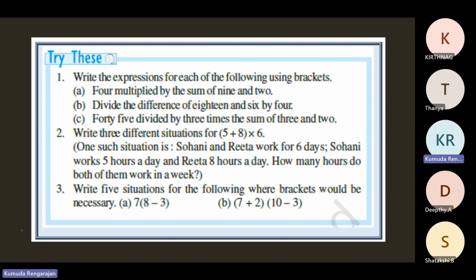Or you can change that to some other name, Meena or Meera, whatever. Meena gets 5 rupees per day from her mom as pocket money, and 8 rupees from her father per day. What is the total money she gets in 6 days?